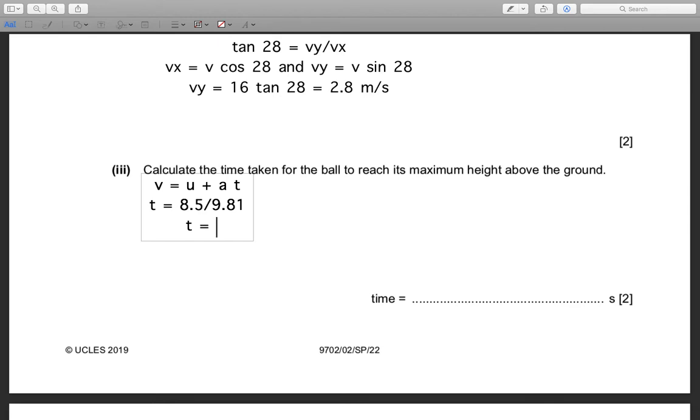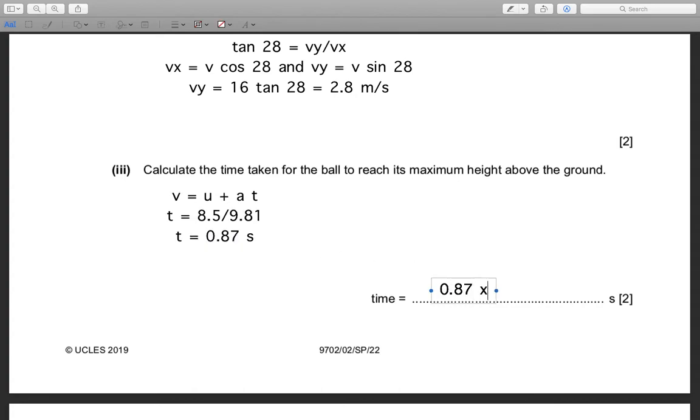After we calculate, t is around 0.87 seconds. Yes, this is the answer of question III.